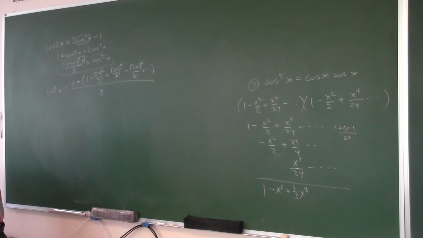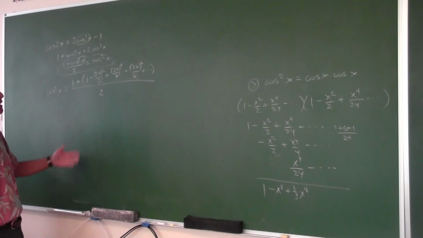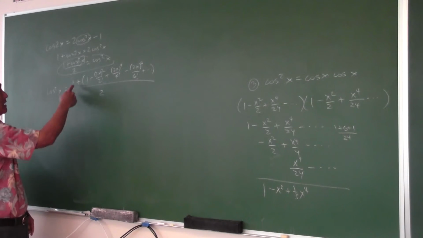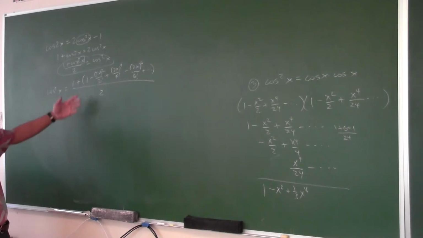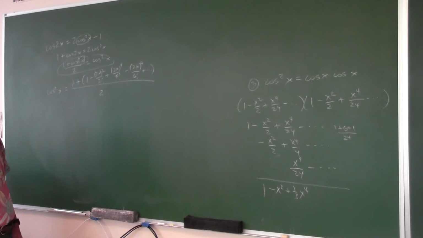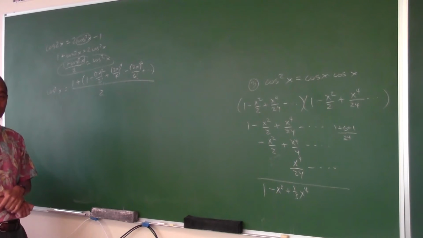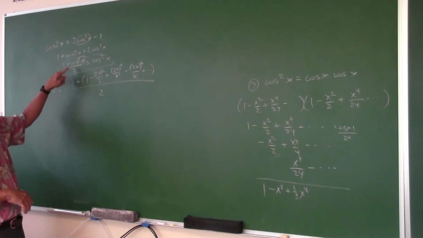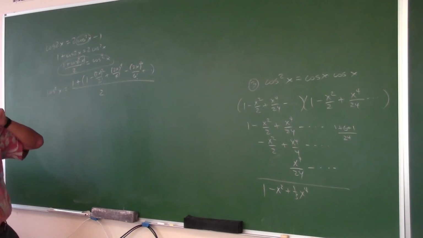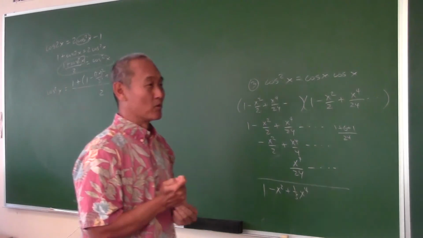Actually, we didn't even have to go that far. And then look, all you have to do is add the 1 there and then divide by 2 and you're finished. So if you don't like long multiplication, then here's an alternative way of doing the problem. But it's up to you. But then you have to think about this, which poses a problem.